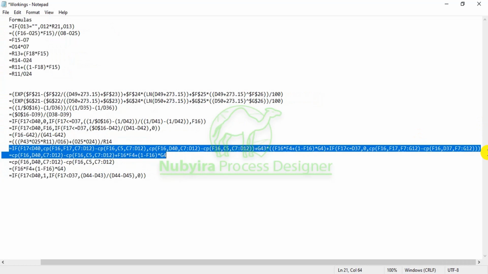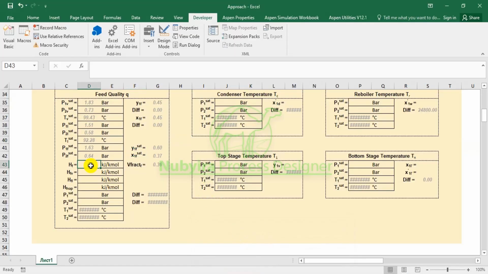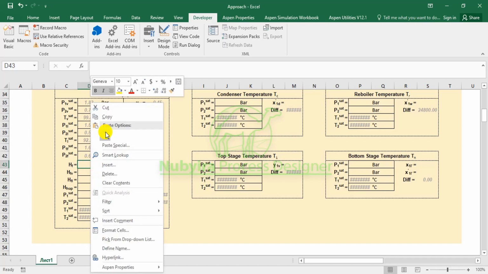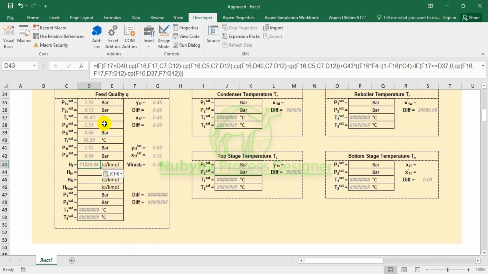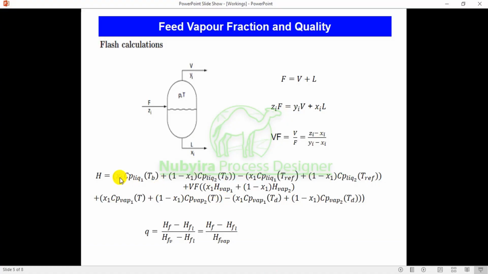This formula for enthalpy of the feed is a pretty big formula, although I try to make it shorter by using what we call a VBA function. So the idea is writing the heat capacity parameters for each of the pure components, and using their mole fractions to get their contribution to the heat capacity of the mixture.